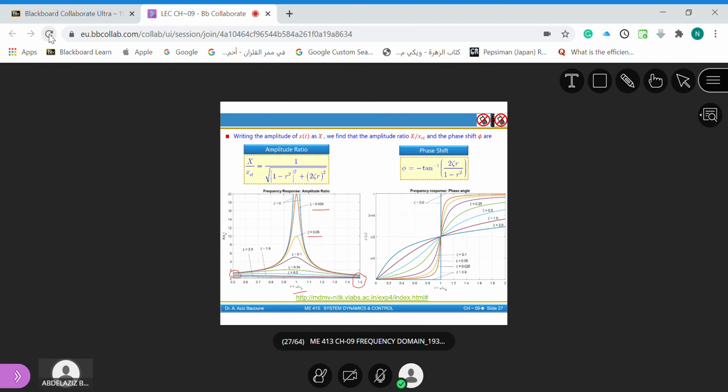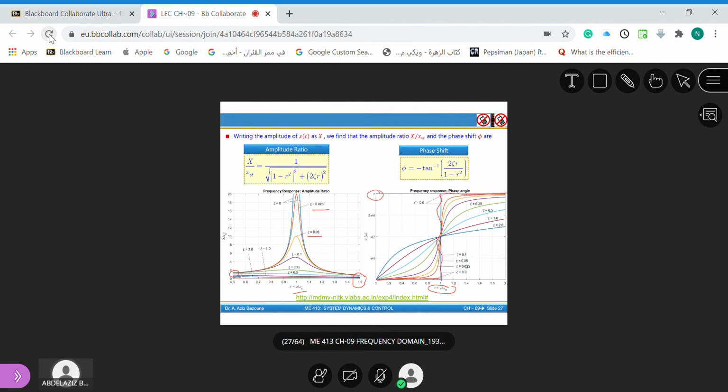This is how the amplitude ratio increases, Shabab, you should know it. It's just the amplitude ratio. The phase angle will also be like this: when zeta is equal to 0, when there is no damping, and omega over omega n is equal to 0, the phase starts from 0, and then at omega over omega n equal to 1, it goes like this, and then goes to 180 degrees at pi.